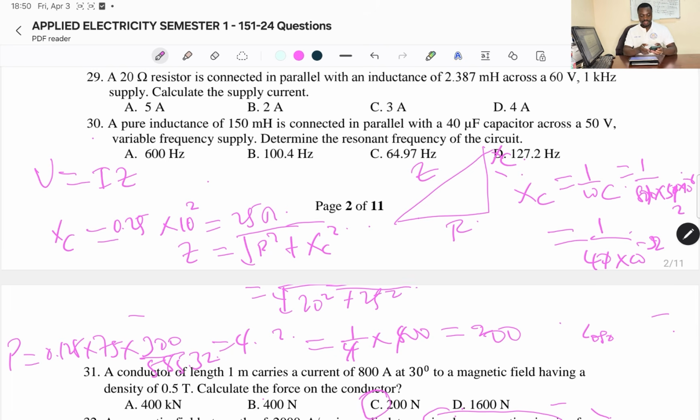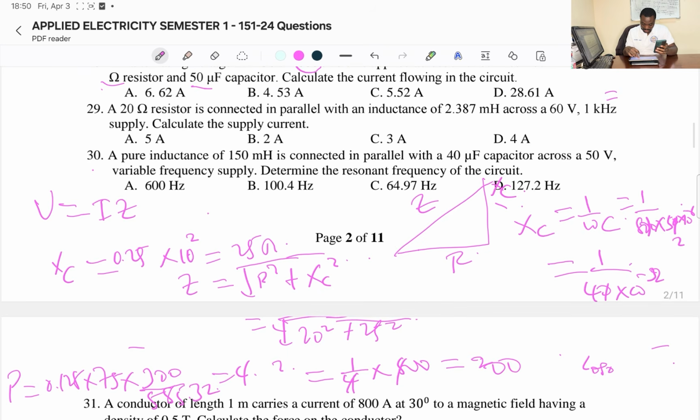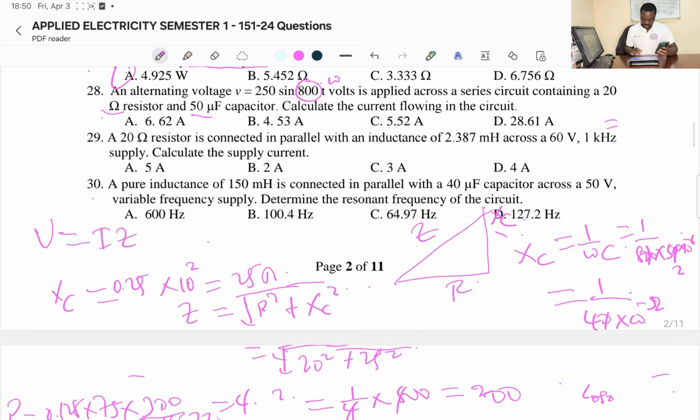So that gives us 32 point, you can say 32.02 ohms.